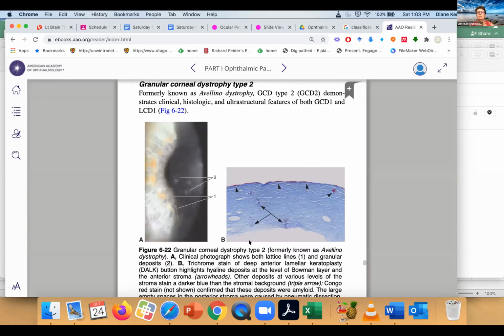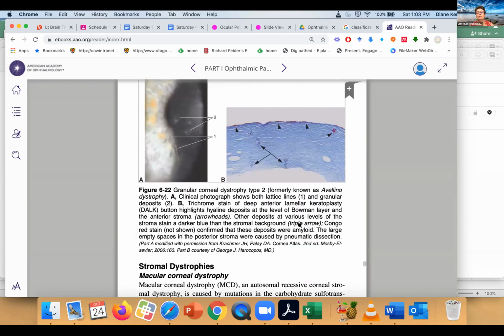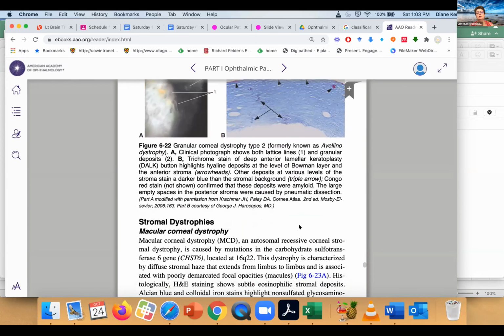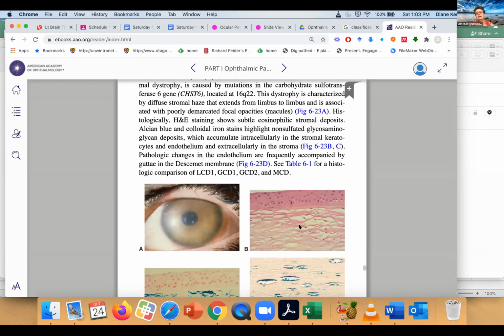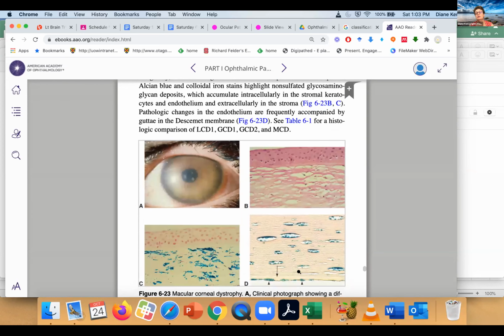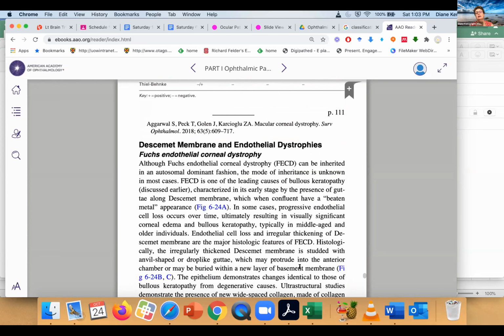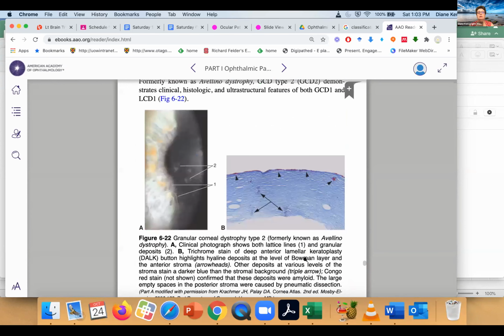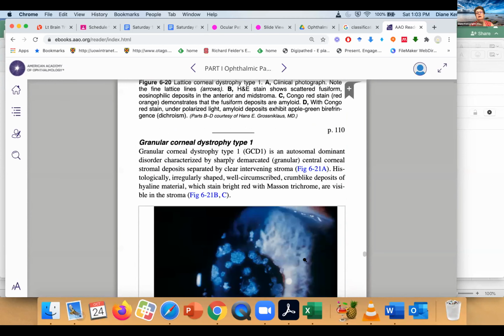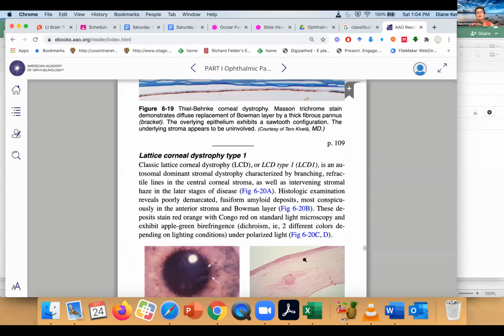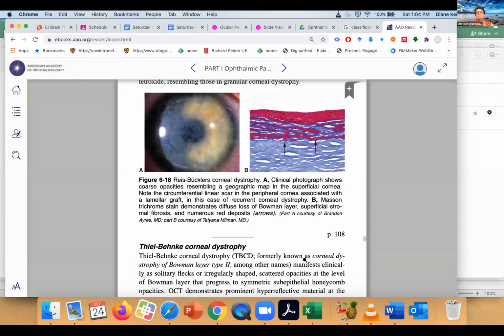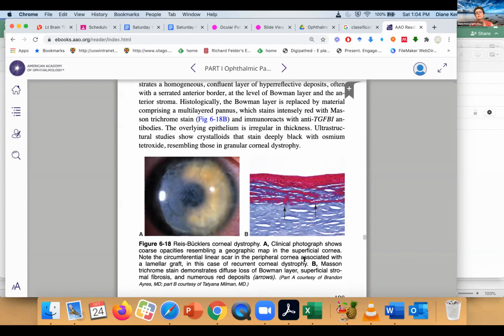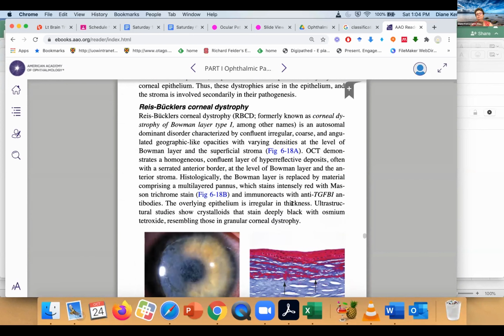But I think that we will be able to sort that out with a Masson's and look for amyloid. That's often possible for amyloid. And I don't think it's macular because we don't have deep stuff here. So we've really got a differential diagnosis in the common ones between granular dystrophy, type 1 or type 2, or between Reis-Bücklers.